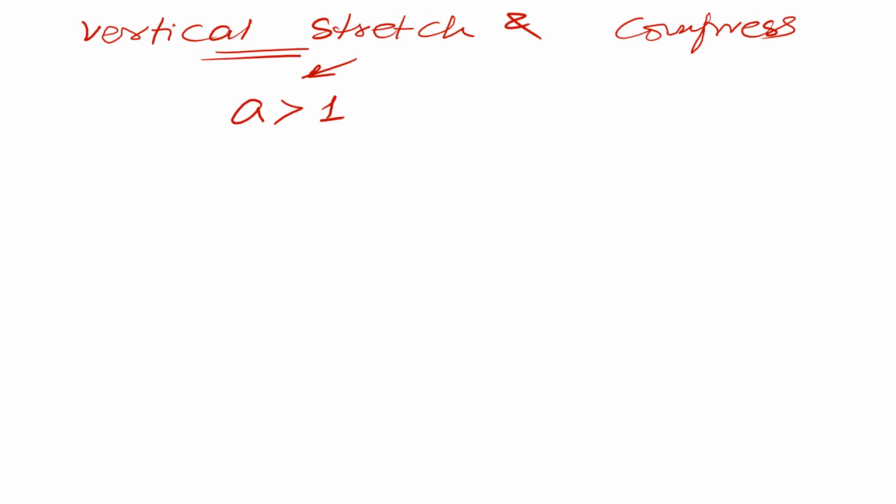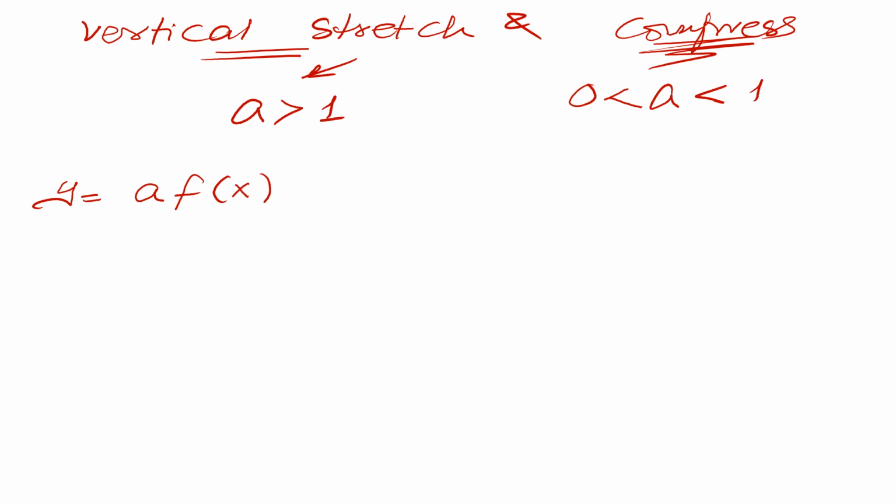And if my a is between 0 and 1, then it is the vertical compress. So the general equation is a outside, f of x. Wherever a is written before any function, the first number which is written here is my a.